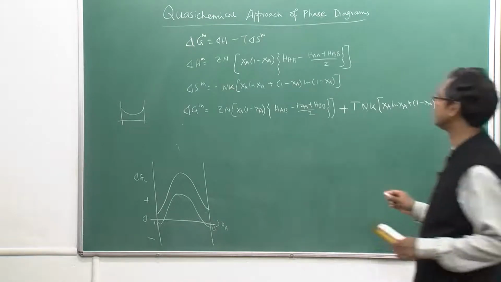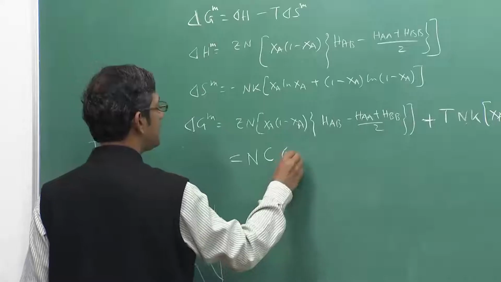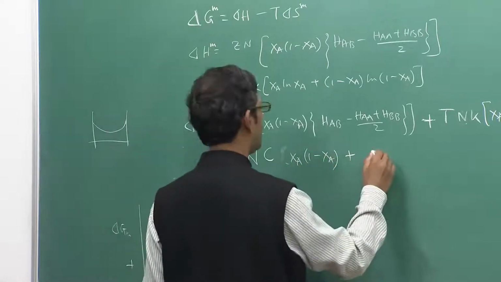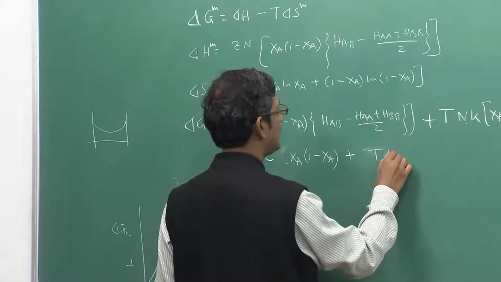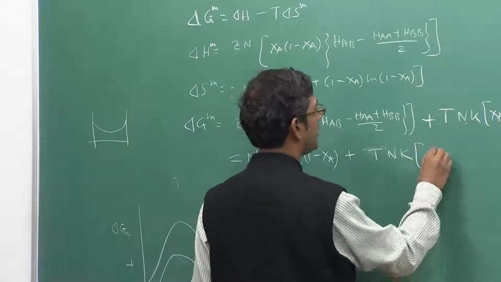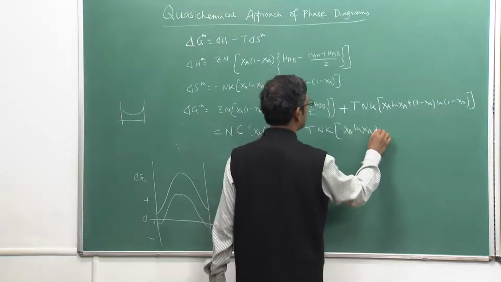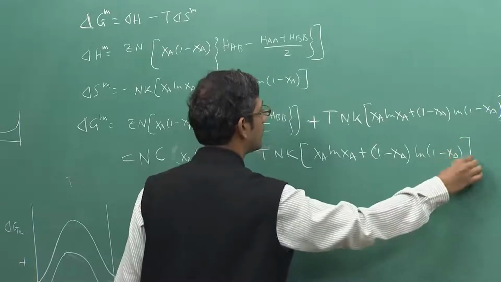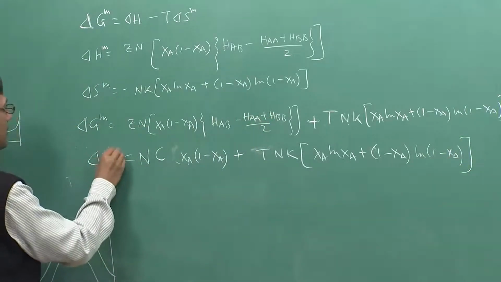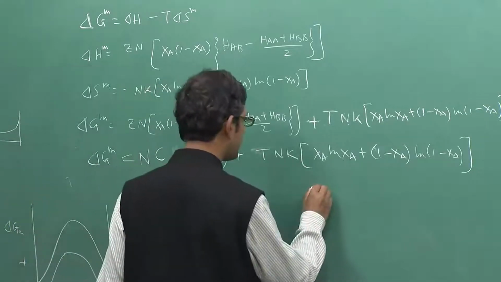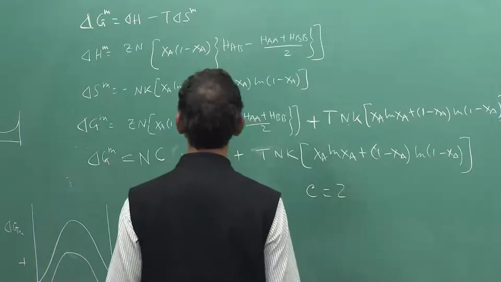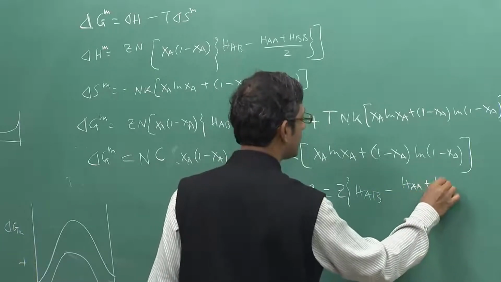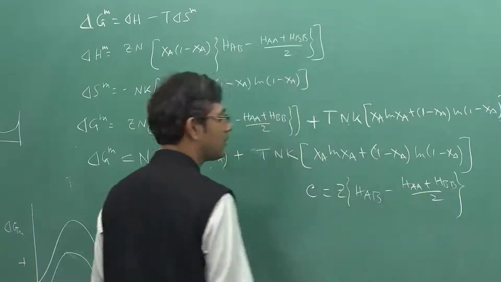Okay, we can write it like this: n c x a into 1 minus x a, plus T n k multiplied by x a ln x a plus 1 minus x a ln of 1 minus x a, where C is given by C equal to Z times HAB minus the quantity HAA plus HBB divided by 2. This is the equation.